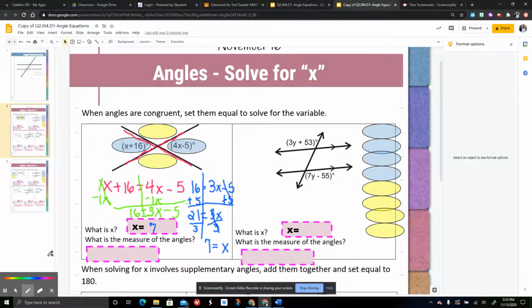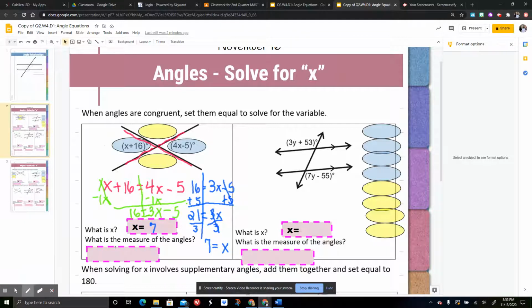If you notice there's a second question, it says, what's the measure of the angles? We found x. We said x is 7. But remember we have the angles and they say this angle was x plus 16 and this angle was 4x minus 5. Since the angles are congruent, we don't have to do it both times, but we do have to go back and take this x and plug it into that equation for x.